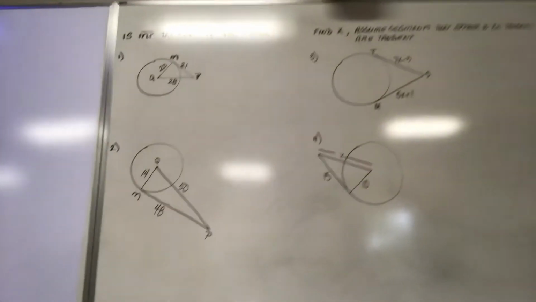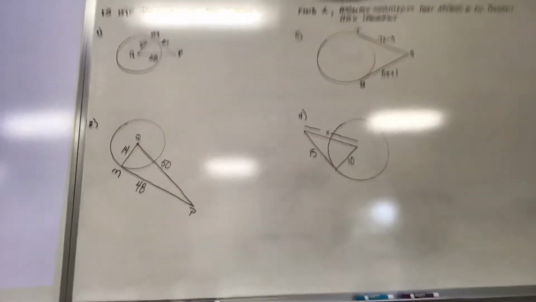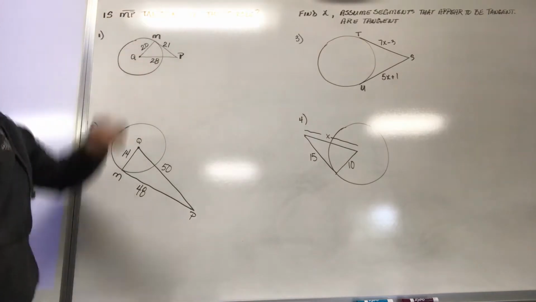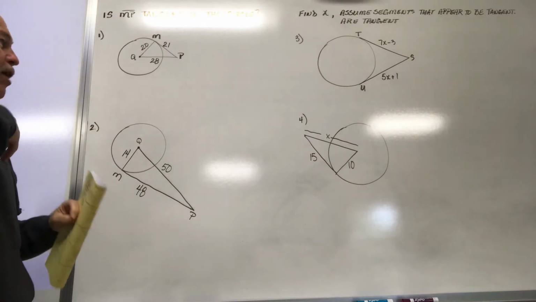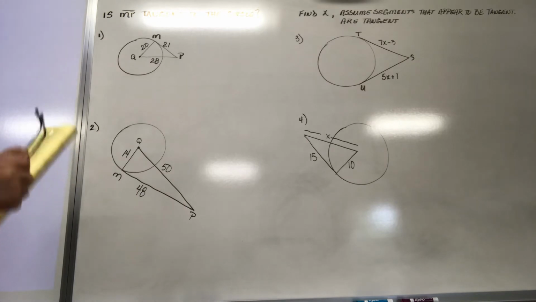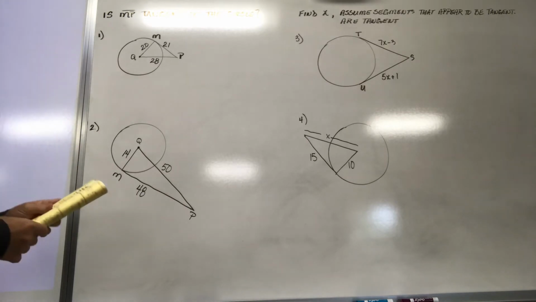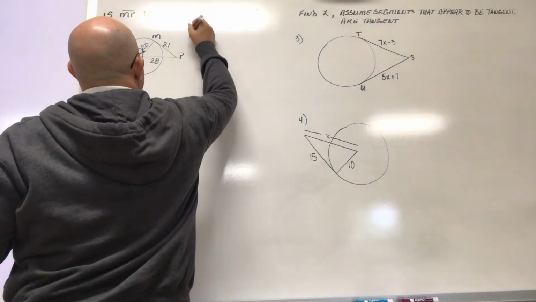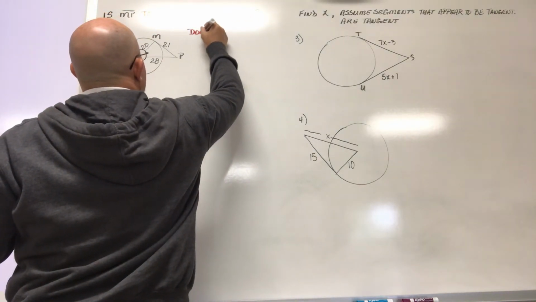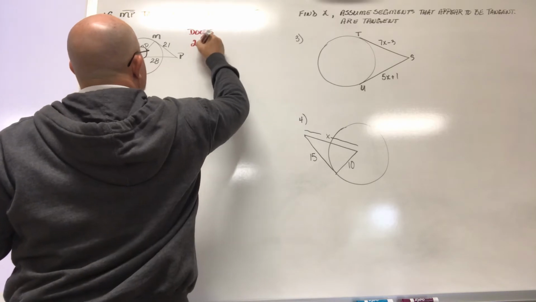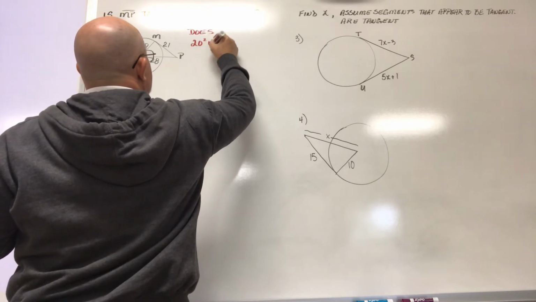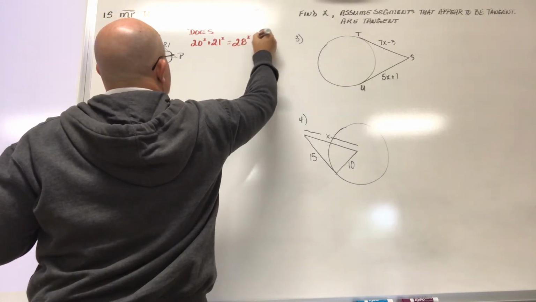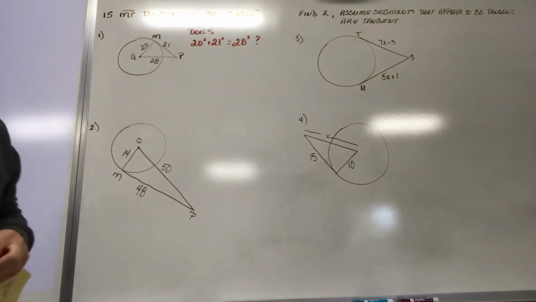Okay. Our first two here: is MP tangent to the circle? Well, we have 3 numbers there, and we're going to use the Pythagorean theorem, and it's just going to be as simple as this. That's our question.